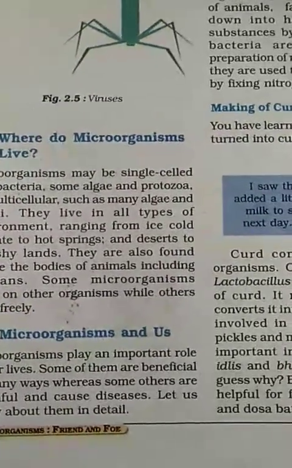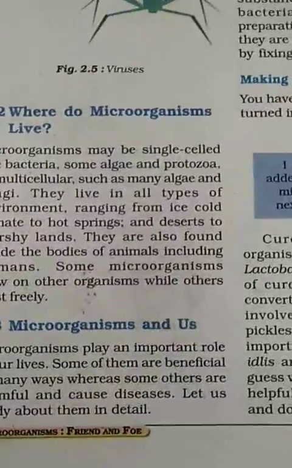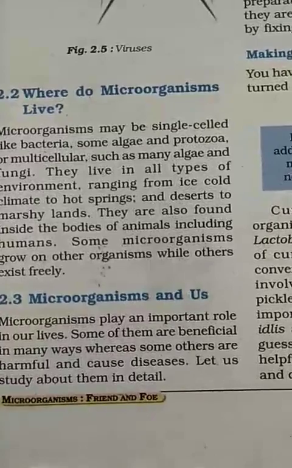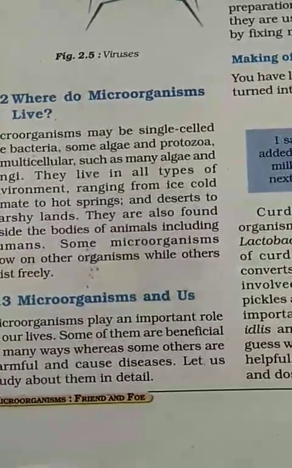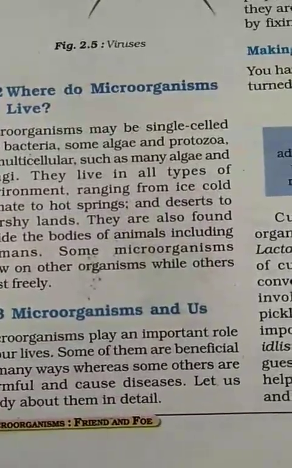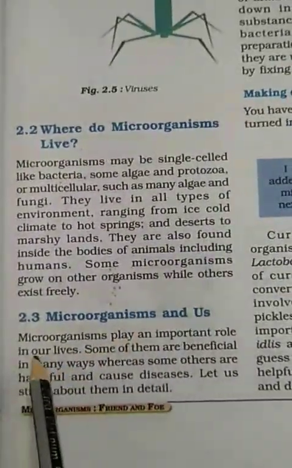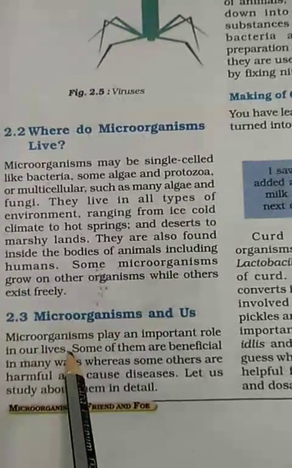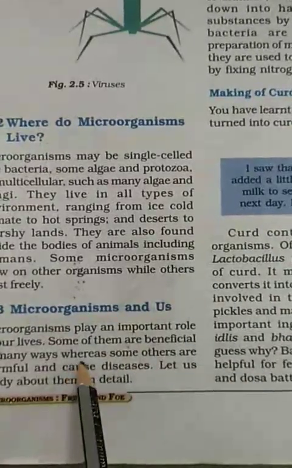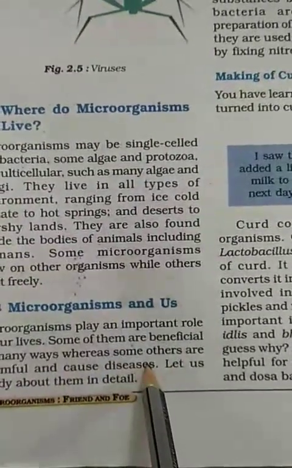Now the next topic is microorganisms and us. How the microorganisms are related to us, how they are harmful or beneficial to us, that we are going to study in this. Microorganisms also play an important role in our lives. Some we can say are beneficial whereas others are harmful and cause diseases.